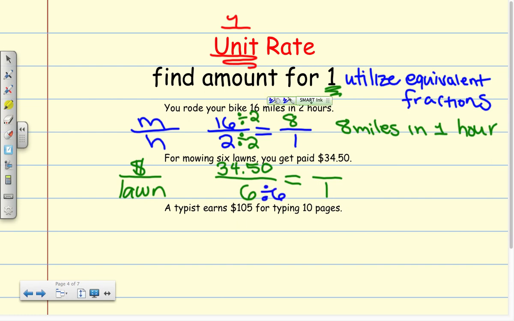Yes, Alex? How do you know which one to put on top? Like, how come you didn't put the lawn on the top? Because when you think about dollars, you're thinking, how much did I make for each one? And so you always want $1 on top. That's just kind of the little side trick. And just think about rates. Like, what about miles per hour?